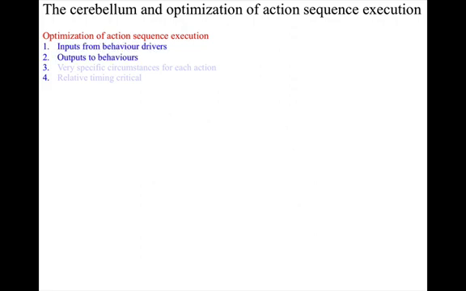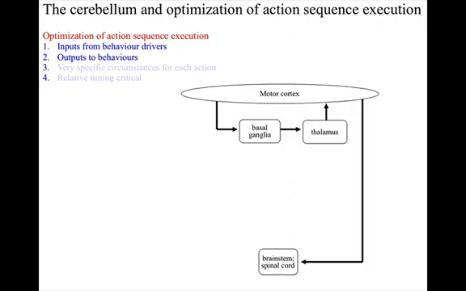Also, what you'd expect to see is the sequence manager getting inputs from the places in the brain that provide detailed information on which behaviors are currently appropriate. And you'd expect to see it sending outputs directly to the points where behaviors are actually driven. Now, the regular motor control path takes outputs from the motor cortex, processes them through the basal ganglia and thalamus, then the thalamus releases cortex outputs to the brainstem and spinal cord to drive the muscles that control the movements.